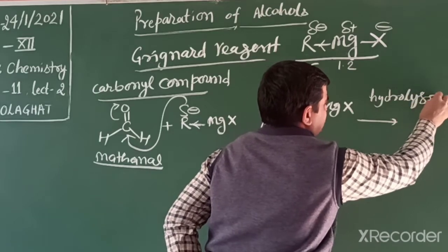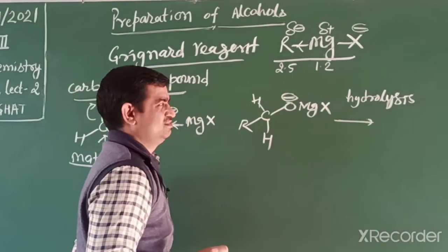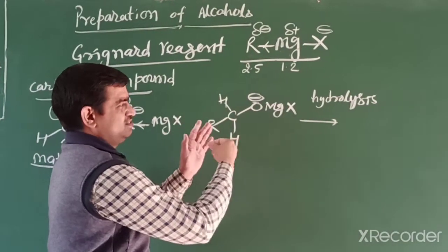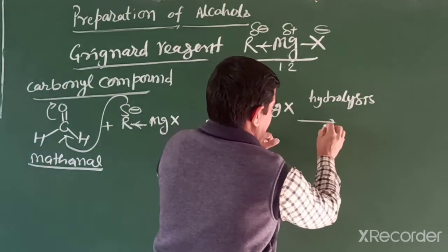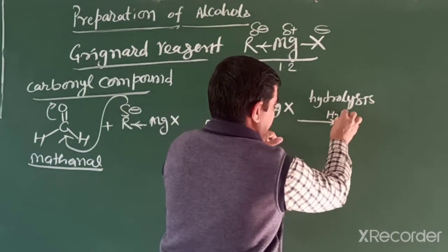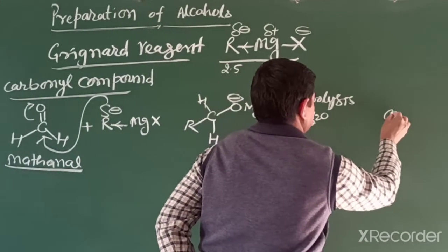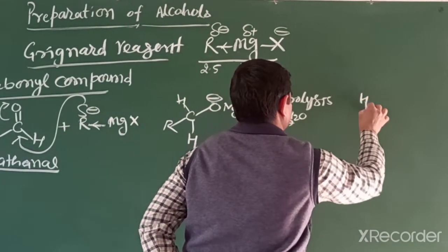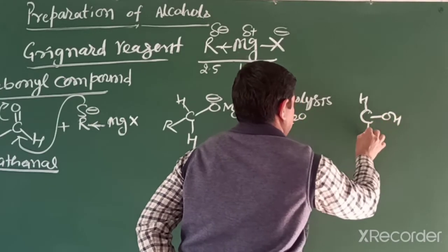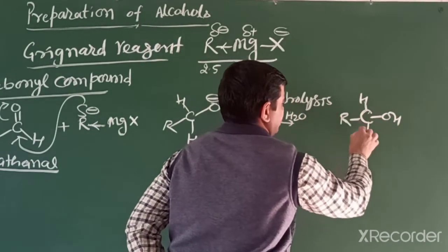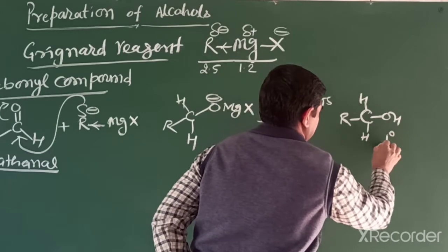Hydrolysis means dissociation by water. Then what happens? It separates out. In the presence of water, this compound converts into alcohol, meaning we get a 1 degree alcohol, a primary alcohol.